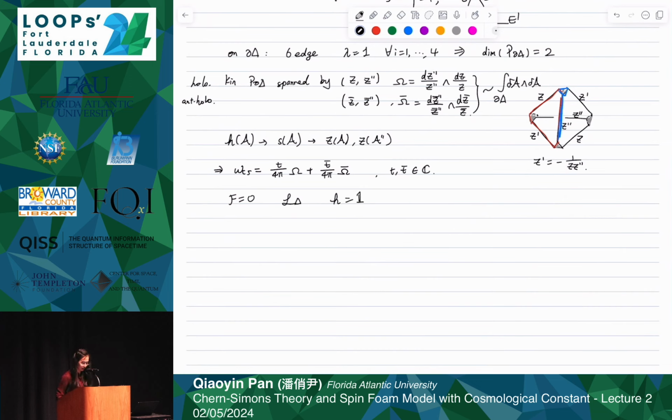Then it will be flat. How do I construct holonomy? We see from here that holonomy is a function of connection, and the coordinates are also a function of connection. So you can get an idea that we must be able to construct a holonomy out of these coordinates. Here's z double prime. Why do I put double prime here?